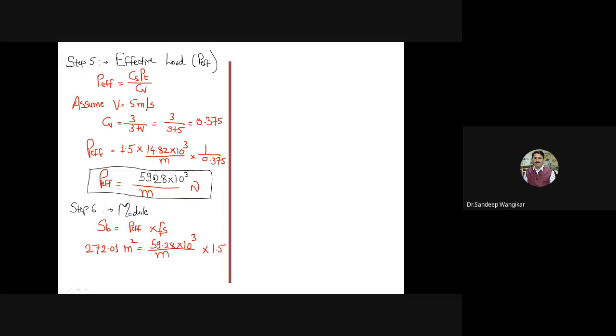Then you will get M cube is equal to one equation, and directly you tell me where we can calculate, only module is unknown.